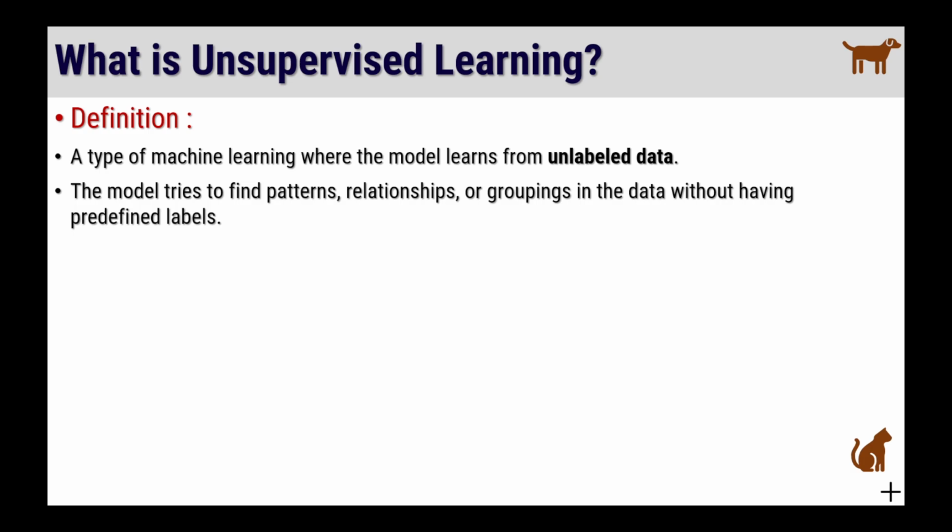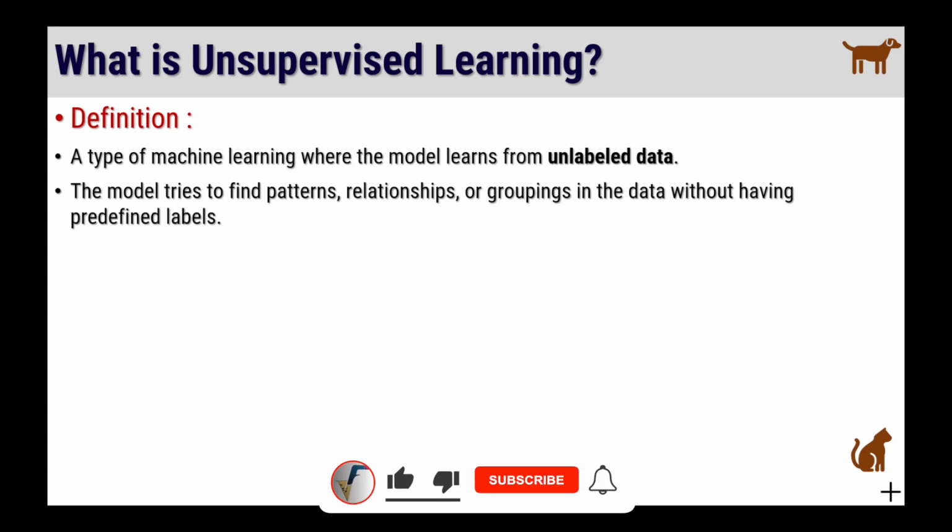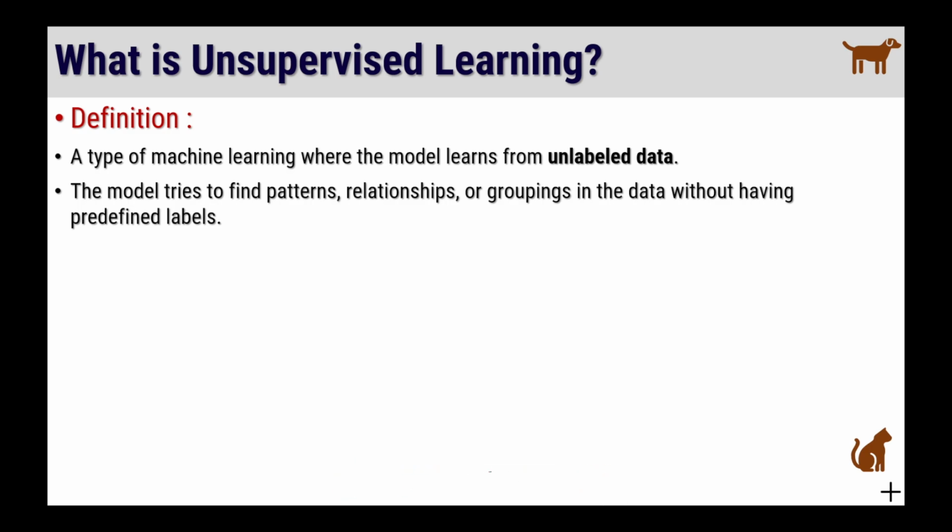The model will find some fruits are similar in shape and color, while others are different. So it will end up grouping fruits into clusters, like group 1 of apples, group 2 of oranges, group 3 of grapes. And the model doesn't know the specific names of the fruits, but it will still organize them into meaningful groups based on the patterns it discovers in the data.